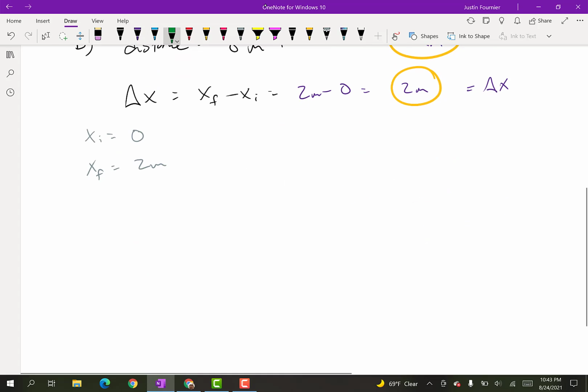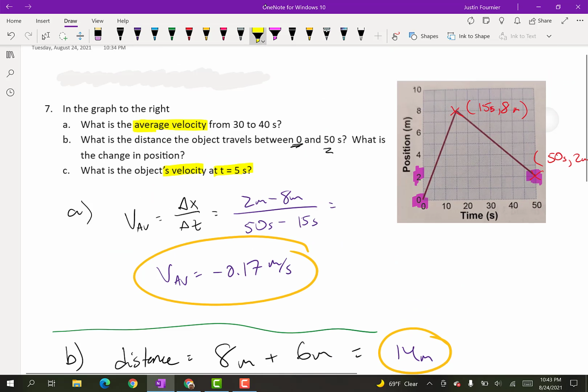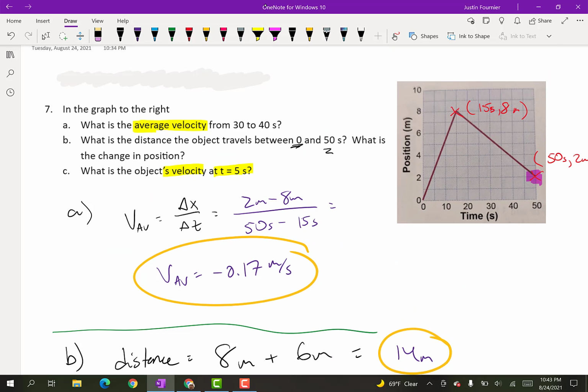So lastly, for part C, it's asking me what's the velocity at 5 seconds. So going back again to this graph, at 5 seconds, that's here, the position is right there. But I'm looking for the velocity.